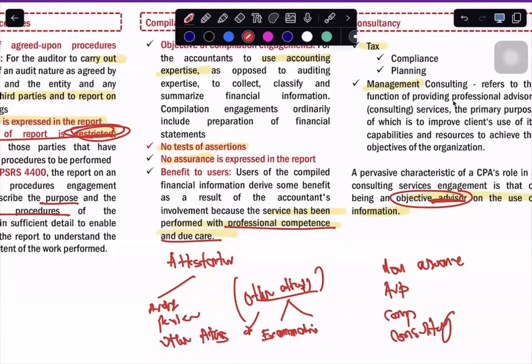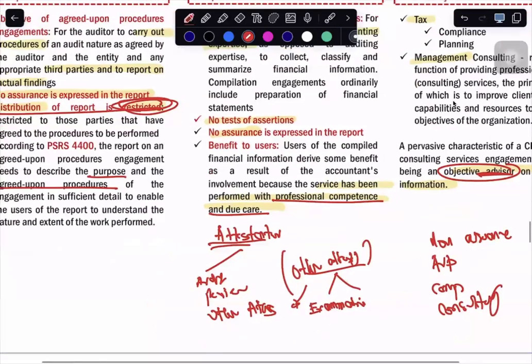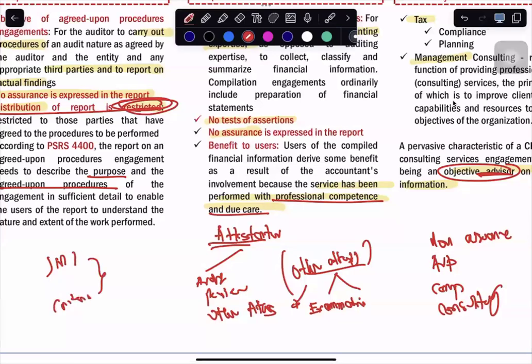Why? Kasi nga, you are now testing something. Attest, kaya nga siya attest, you're testing something. What are you testing? A subject matter information out of a criteria, attest. Or pag ang ginamit din ay review, so halimbawa performance reviews, mga ganon, that is still considered as other attestation services or attestation engagements.